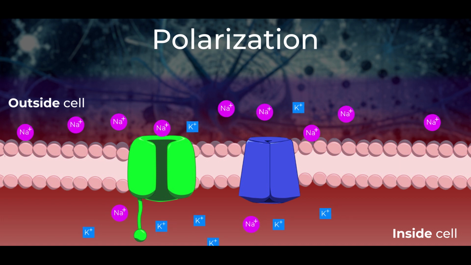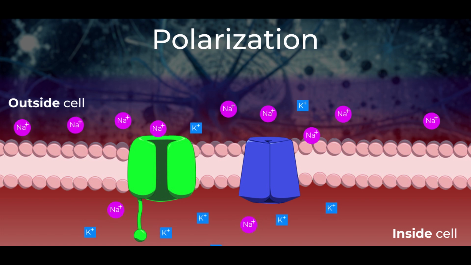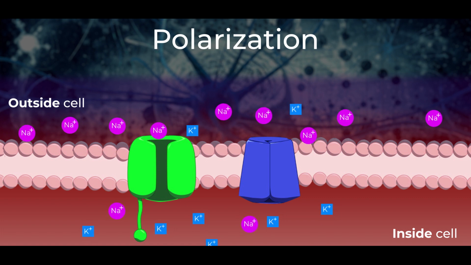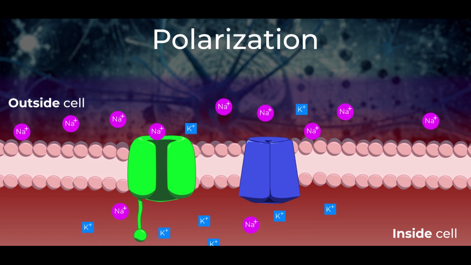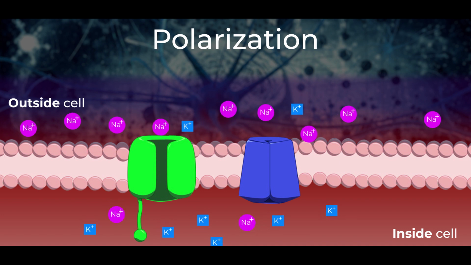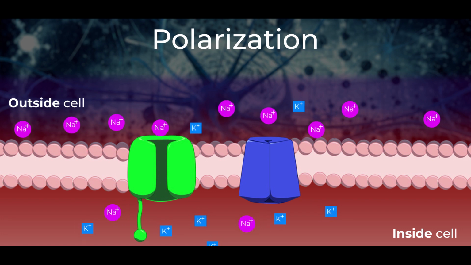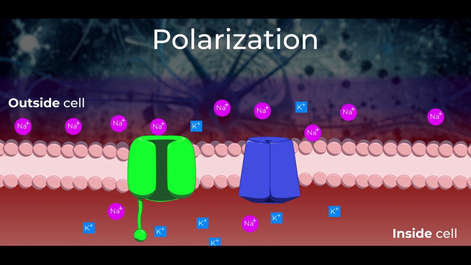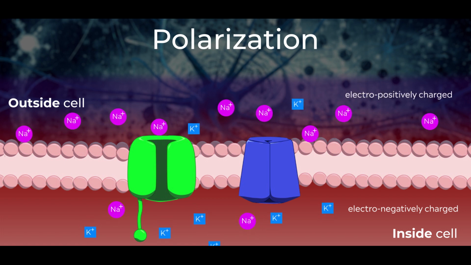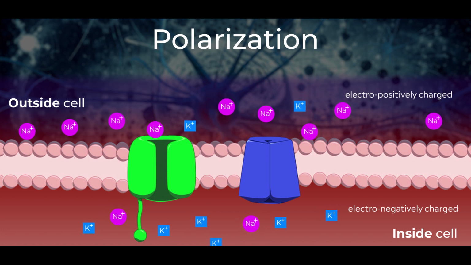In polarization, the neuron is at resting stage, which means it is electrically charged but not able to conduct. During the polarization phase, the exoplasm, the fluid found inside the axon fiber, is negatively charged, whereas outside the cell membrane of the axon fiber, it is positively charged.